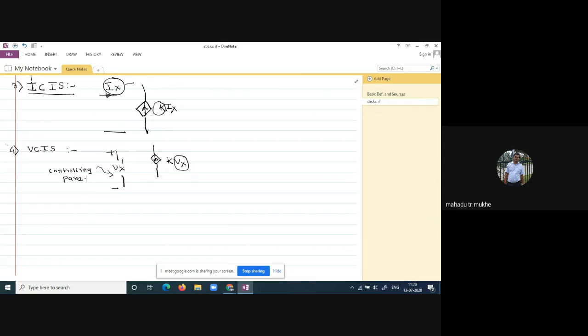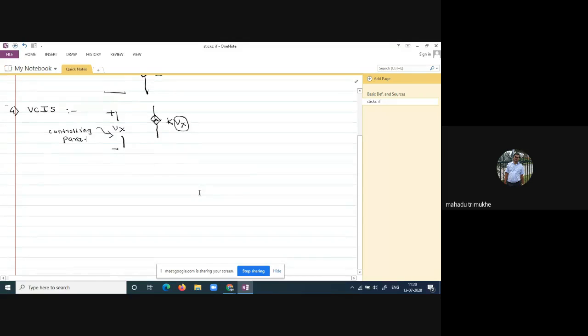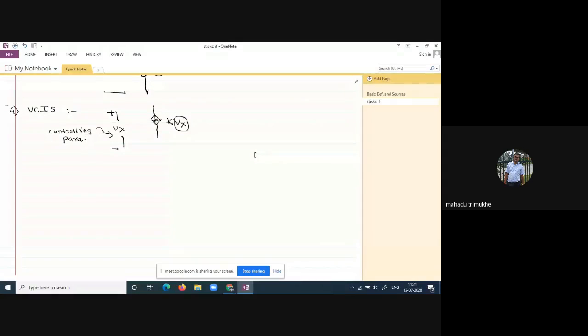We move on next. That is the basic laws of electrical networks, right? First, we'll see the different basic laws of electrical networks, such as Ohm's law, Kirchhoff's voltage law, Kirchhoff's current law, and the voltage divider rule and current divider rule, right?